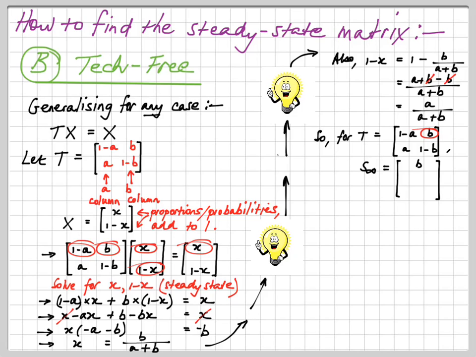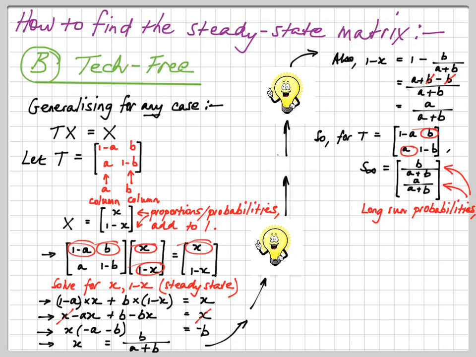That's the single pronumeral entry on that line, isn't it? There was a 1 minus A and there was a B. I just want you to look at the single pronumeral item on that row. It's the B. So that's the one that goes in your steady state matrix, okay? B over A plus B, and then of course in the second row A is the single pronumeral entry, so you get A over A plus B. So that's the way I want you to remember it, okay, guys?